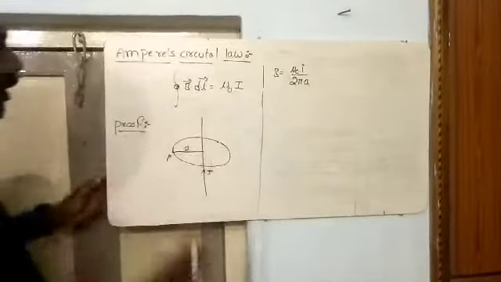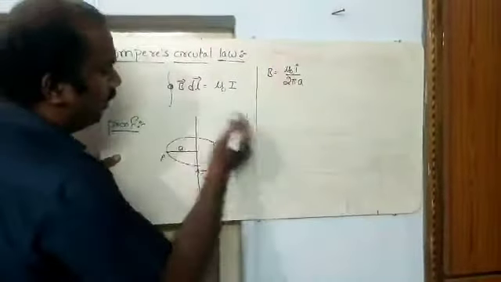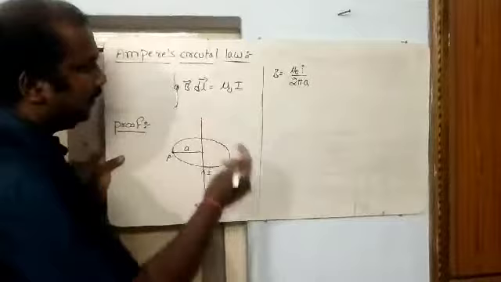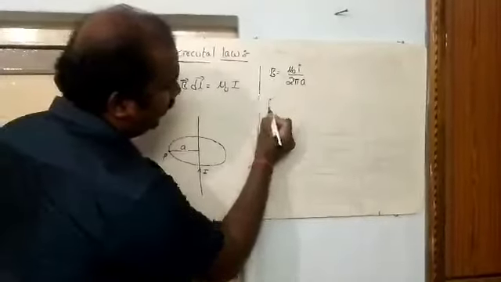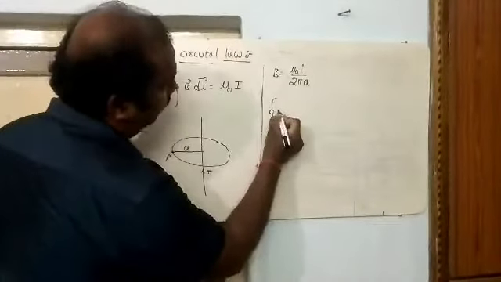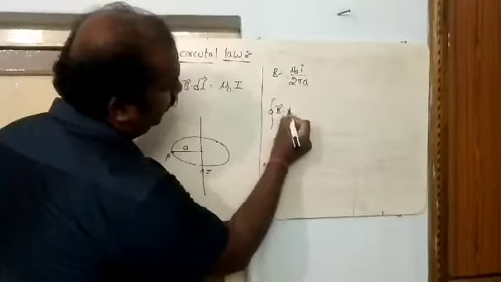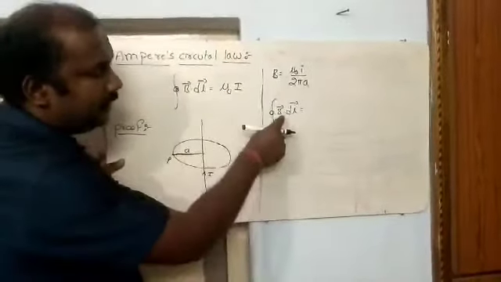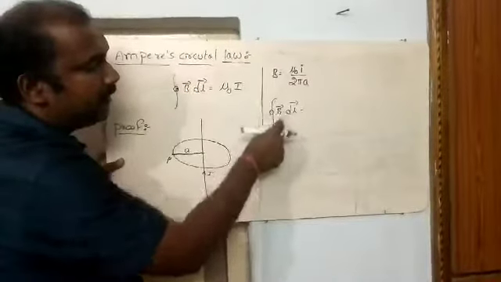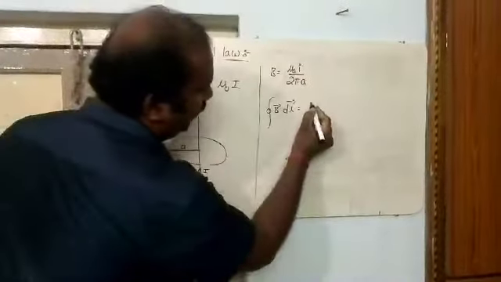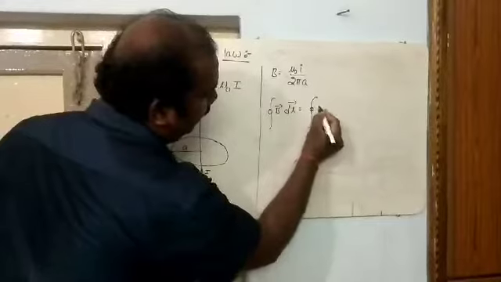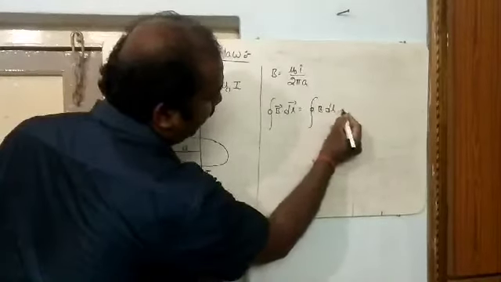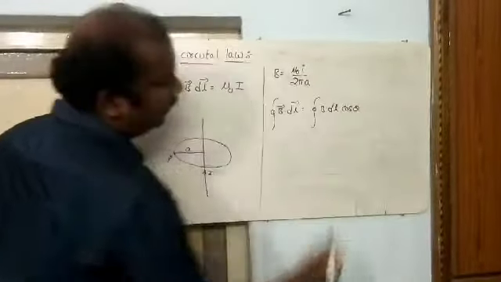Now I am taking the line integral of this closed path: integral B bar dot dl bar is equal to, because it is a dot product, integral B dl cos theta.